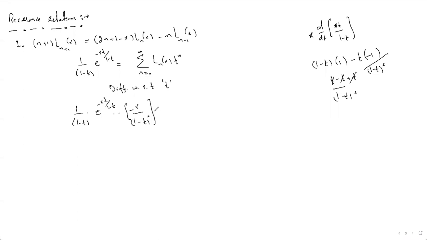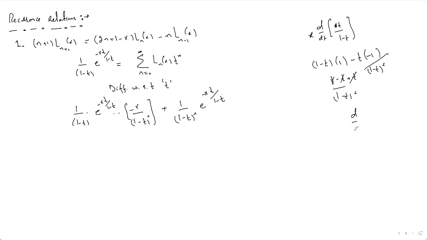Plus, now I will keep this thing and just take the differentiation of the other. What is the differentiation of 1 divided by 1 minus t? It will be 1 divided by 1 minus t whole square, e to power minus xt divided by 1 minus t. Why?